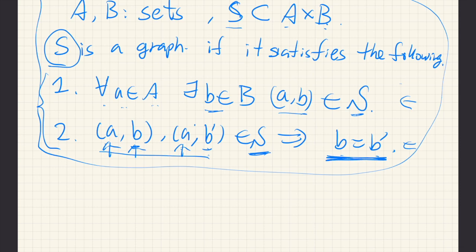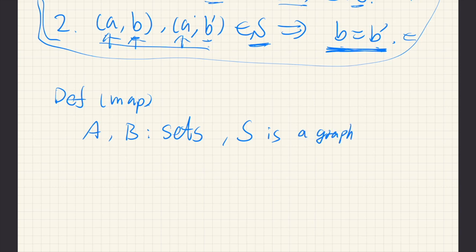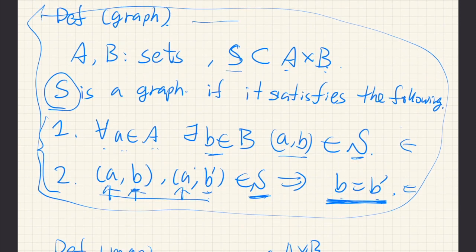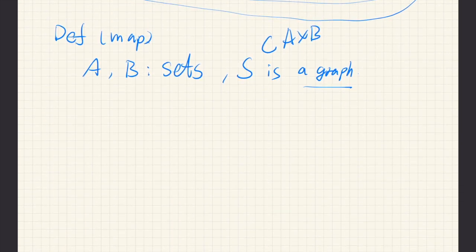So this means uniqueness. That is essential for defining a function or a map. So here's the definition of a map. Again, A and B are sets, and S is a subset of A times B, of course, which is a graph in the sense of the second definition.